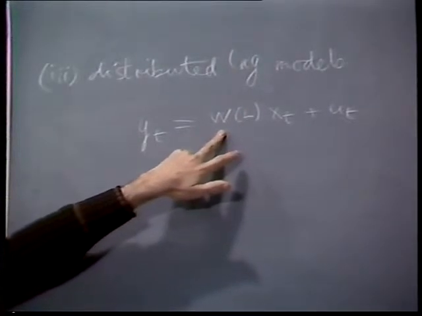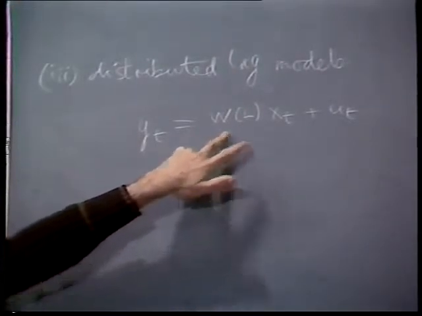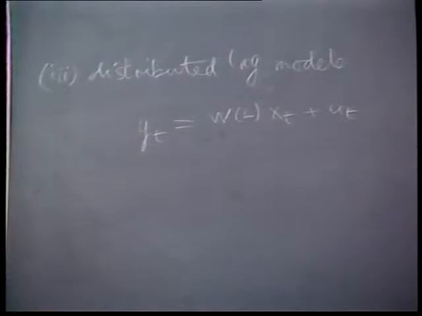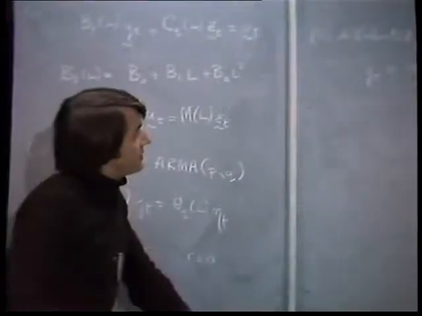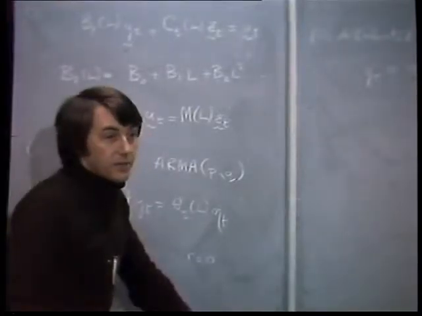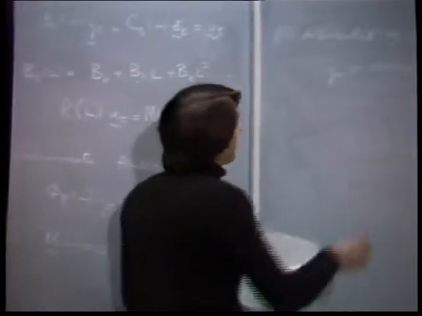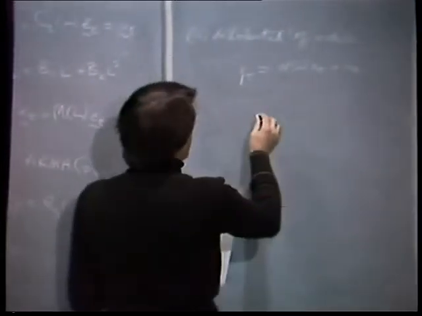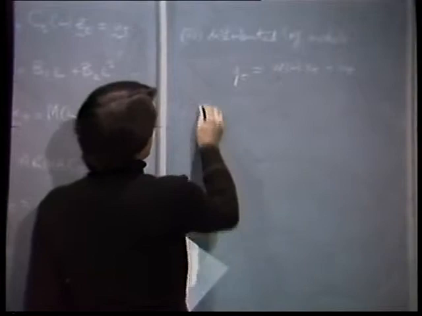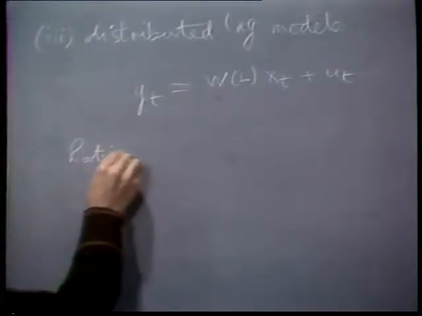If it is of infinite order, we know we can't estimate it in that form. Therefore, what finite parameterizations are available and how good an approximation will they give? Well, perhaps the most famous approximation is the Koyck distributed lag. But more generally, we might use the rational distributed lag as an approximation.